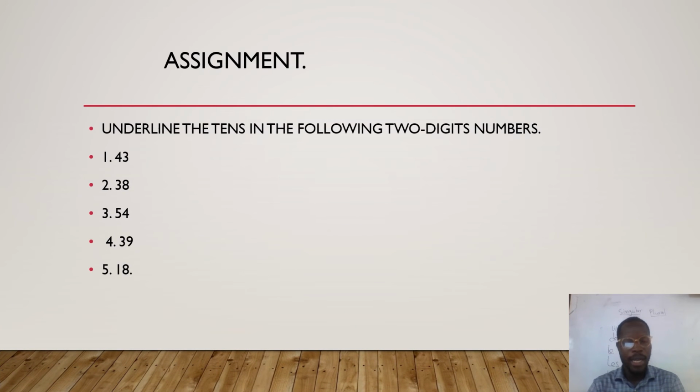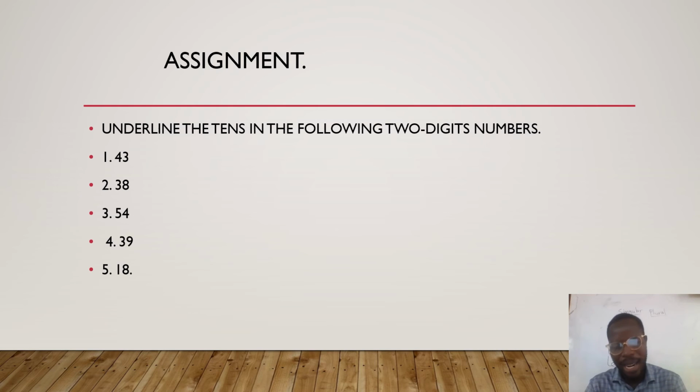So let's look at this assignment. You copy it nicely into your home assignment book and do it. Do it with the help of what? The place value chart. You draw the place value chart and insert these numbers into what? Tens and ones. But before that, underline the tens in the following 2-digit numbers.